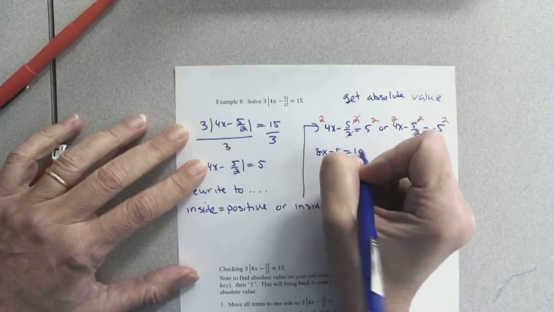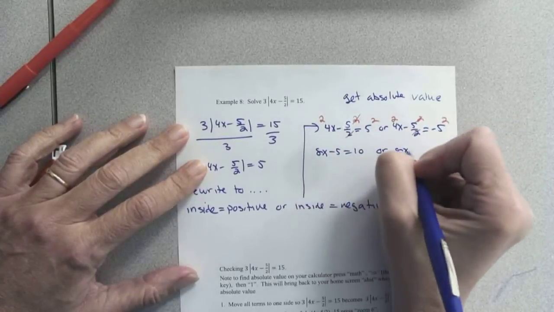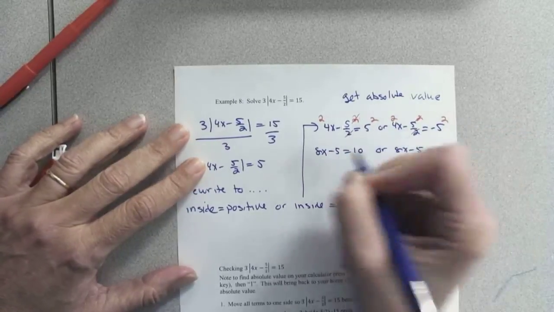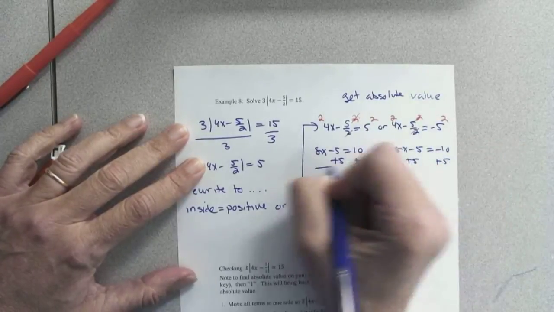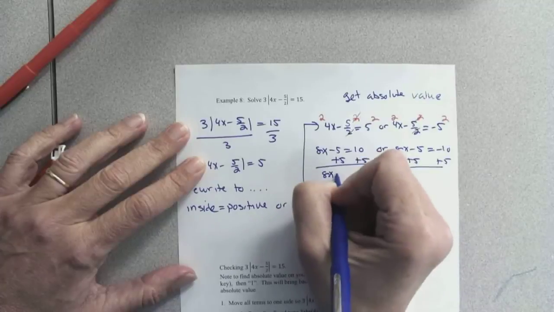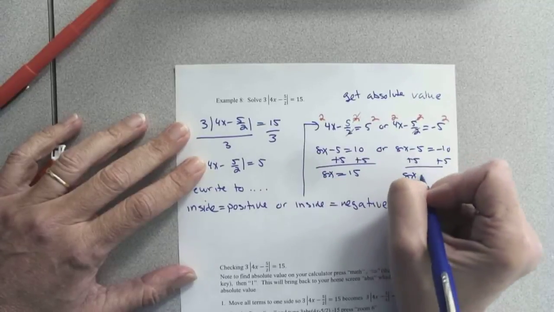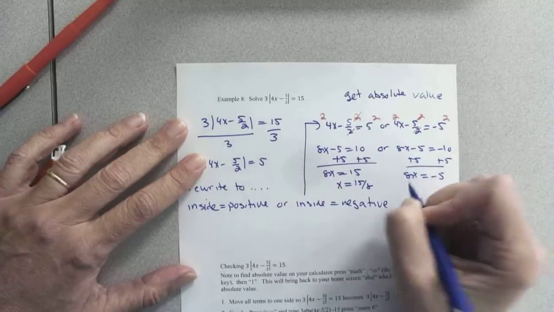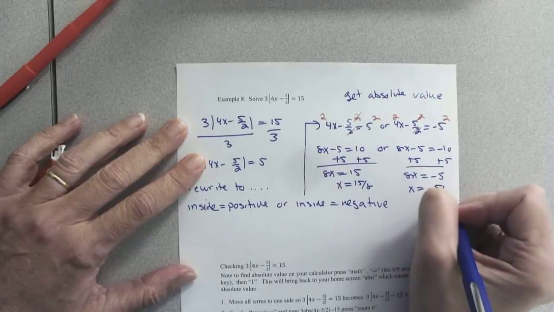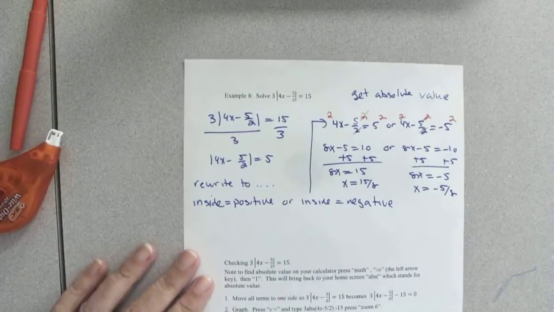So 8x minus 5 equals 10, or 8x minus 5 equals negative 10. Add 5. 8x equals 15. 8x equals negative 5. X equals 15/8. X equals negative 5/8.